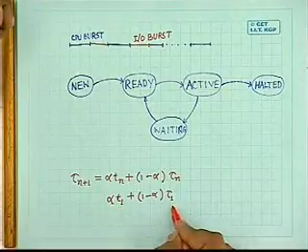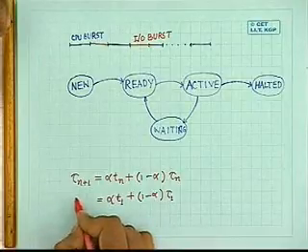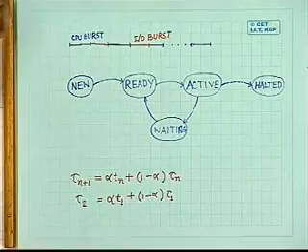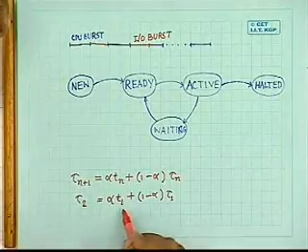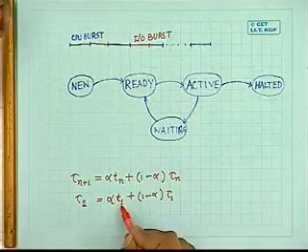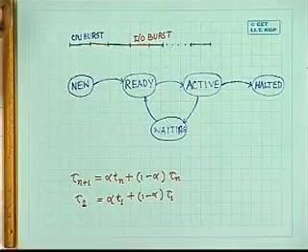So tau 1 is unknown. And using this, I am predicting the second CPU burst duration of the job. So I am predicting tau 2 from T1 and tau 1, of which I know T1 because the first time the job is to be executed on a first come first serve basis.